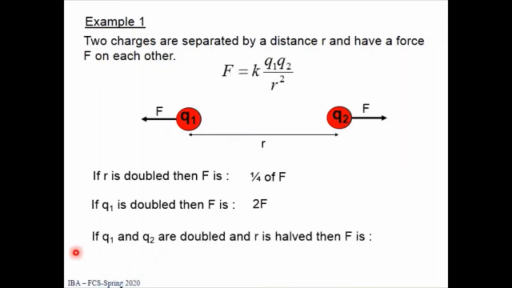And if Q1 and Q2 are both doubled, so both become twice, and R is halved, so R would be replaced with half of R, then what happens to F? The answer would be that the new force would be 16 times F.